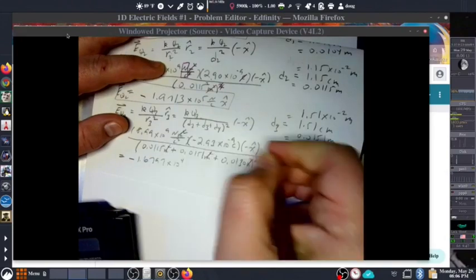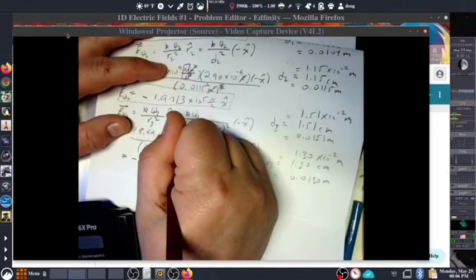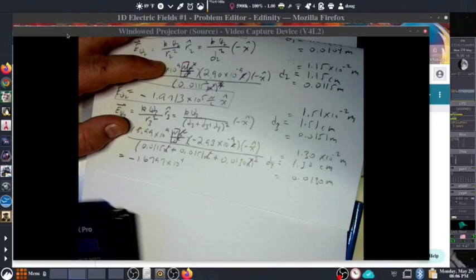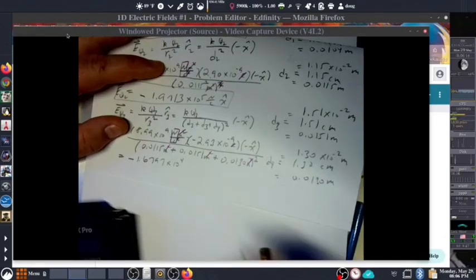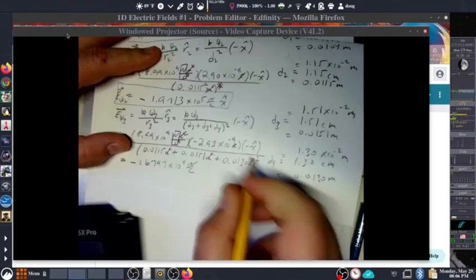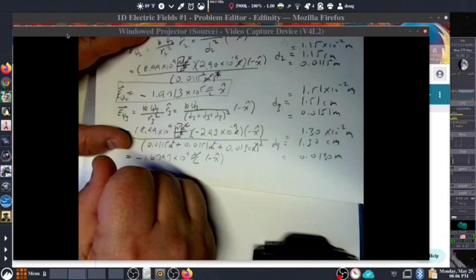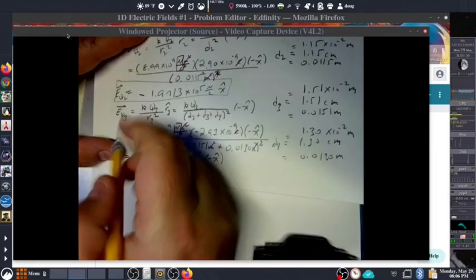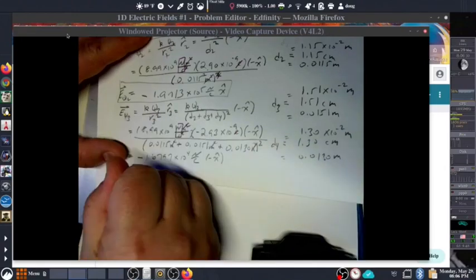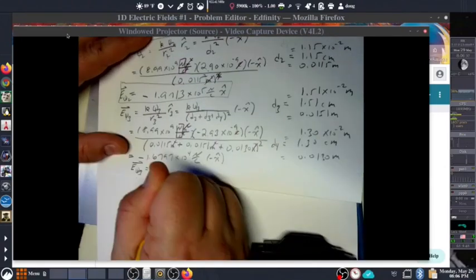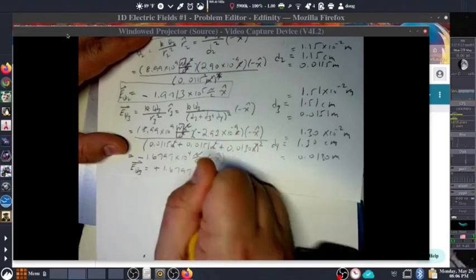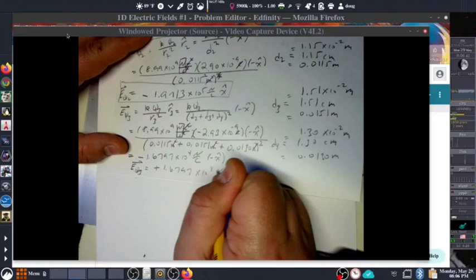Cancel with that one. That cancels one of these. We get newtons per meter, or newtons per coulomb, excuse me. And this is in the minus X hat direction. So again, I need to multiply the two signs together. So my E3, my electric field from 3, is plus 1.6797 times 10 to the 4 newtons per coulomb X hat.